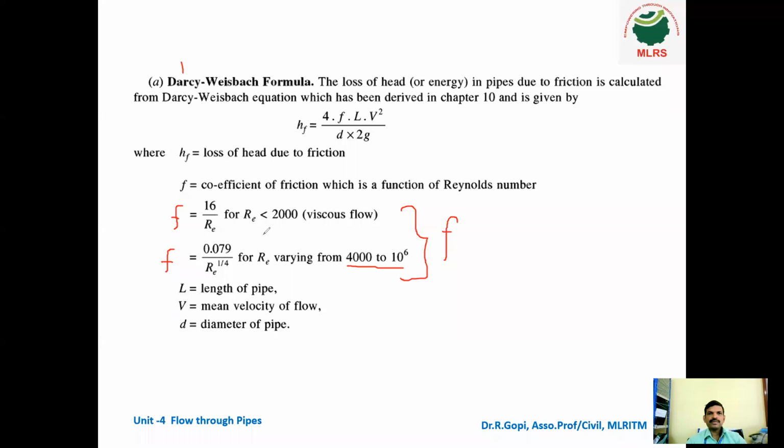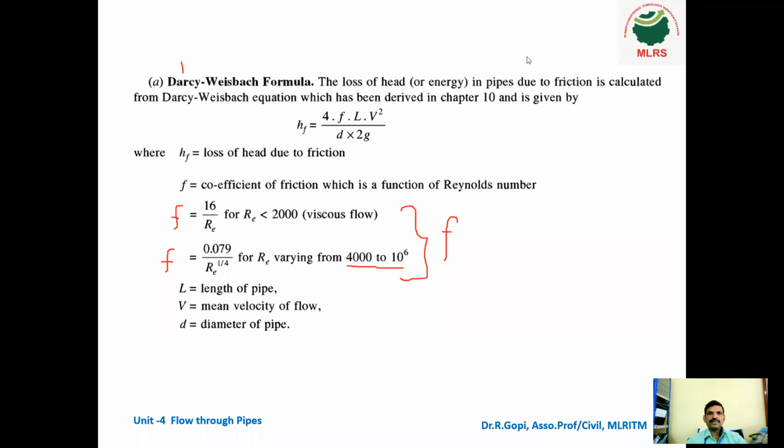If less than 2,000, it is 16 divided by Re; for 4,000 to 1 lakh, it is 0.079 divided by Re power 1 by 4. Here L is the length of the pipe, V is the mean velocity of flow, g is the acceleration due to gravity, and D is the diameter of the pipe.